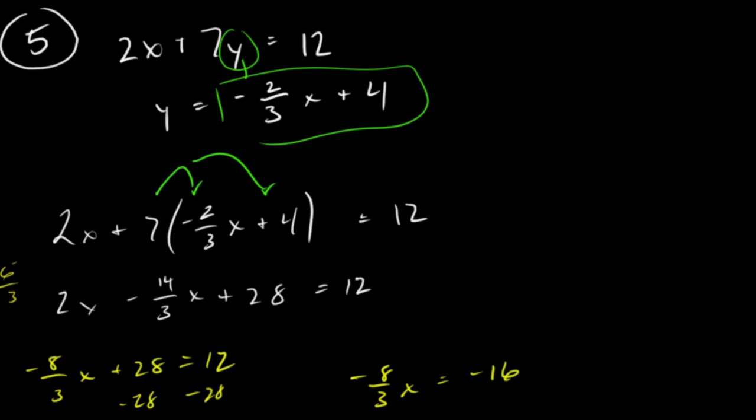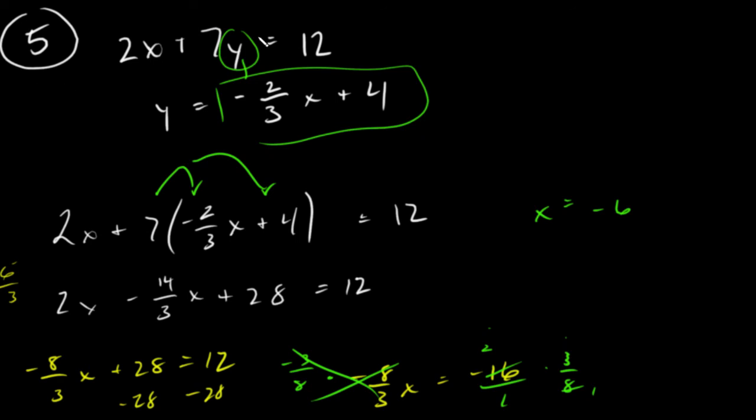Now you multiply. This is how you get rid of fractions. You multiply by the reciprocal. You guys remember doing this in chapter 1? Multiply by the reciprocal. Oh, look at that. These cancel. So 16 over 8 reduces into 2 over 1, giving you x equals 2 times 3, which is, and it's a negative, so negative 6.